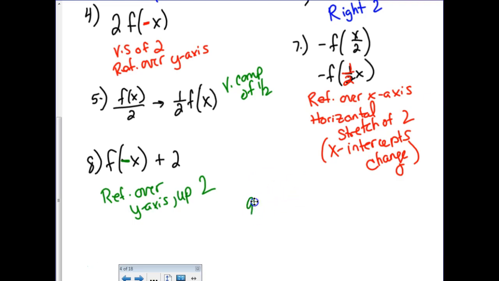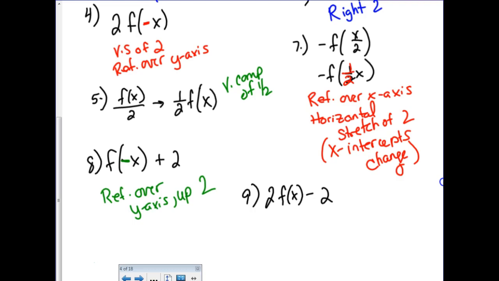One more. Number 9. We have 2 in front of the function, -2. Now, we have a vertical stretch and you have a vertical down 2. These do compete against each other. So you have to be careful about the order in which you apply these visually or algebraically.